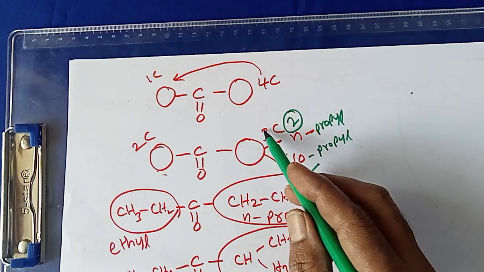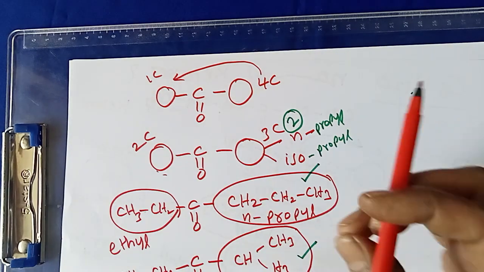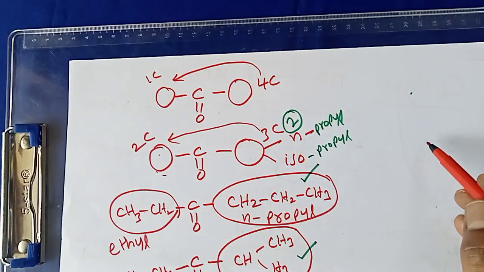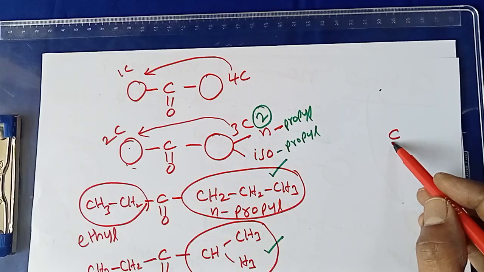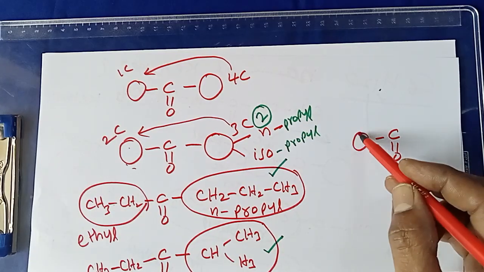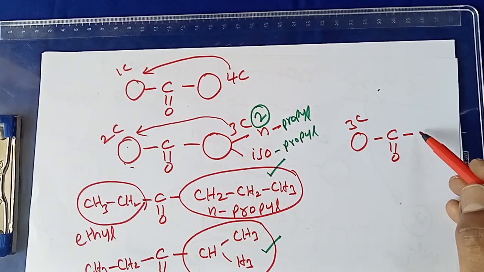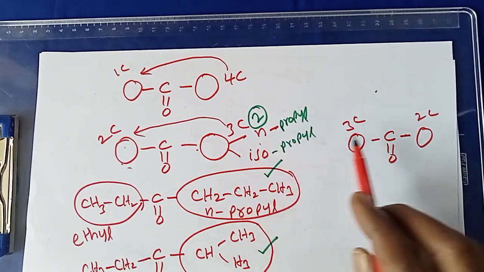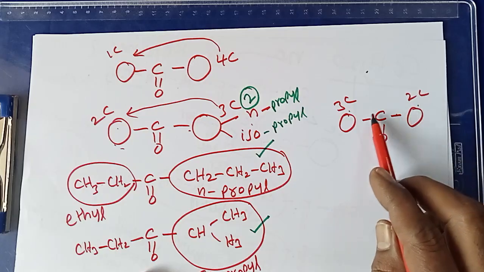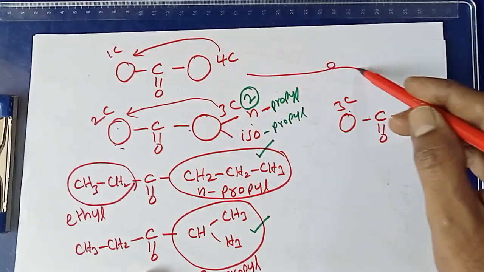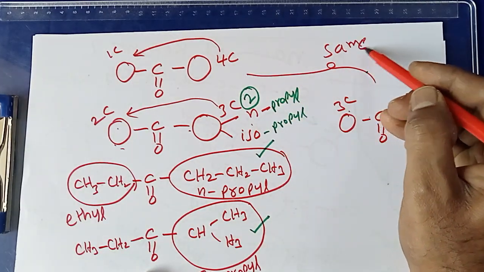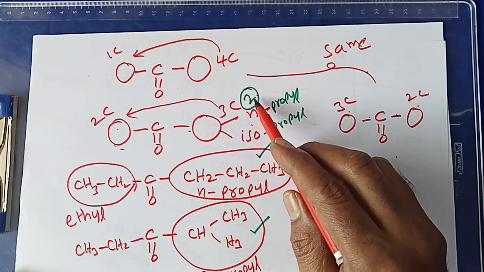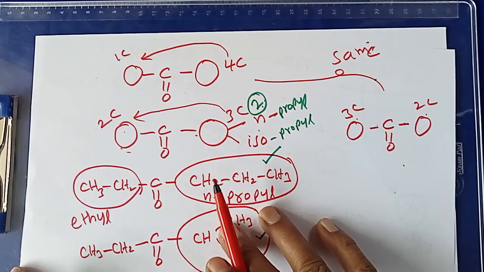Next, what can you do? Change 3 carbons from here to here. Here 3 carbons for C double bond O on the left side, and this side 2 carbons. So already the same, both are the same. 3 carbons, 2 carbons, so it need not be discussed again.